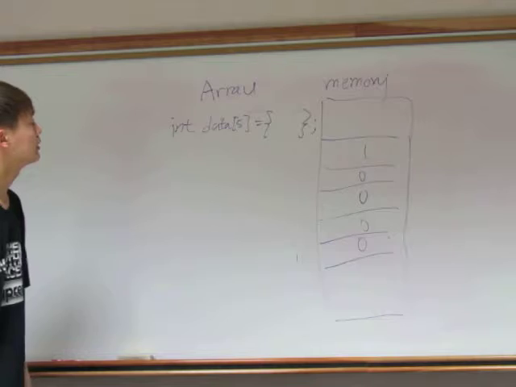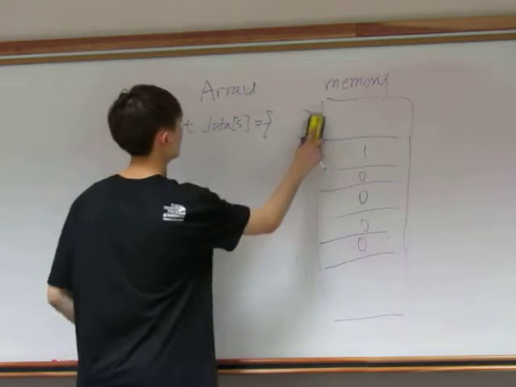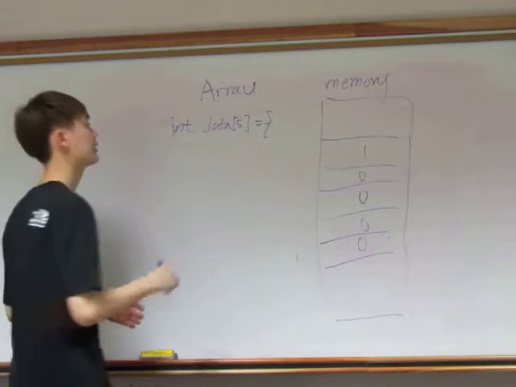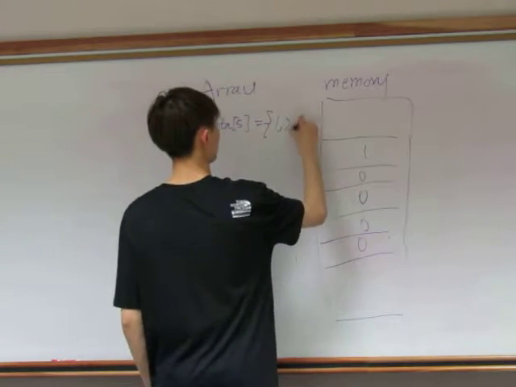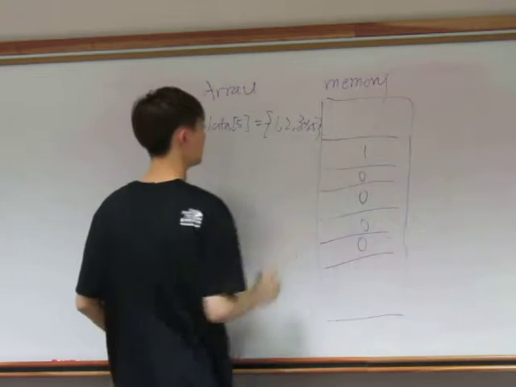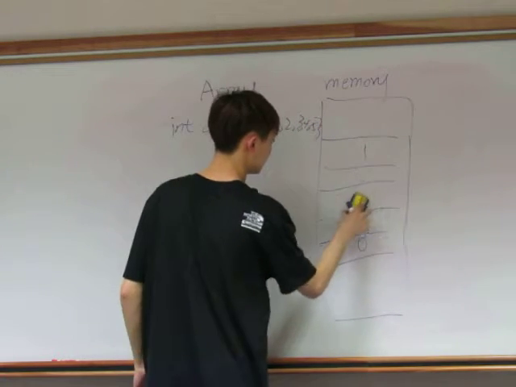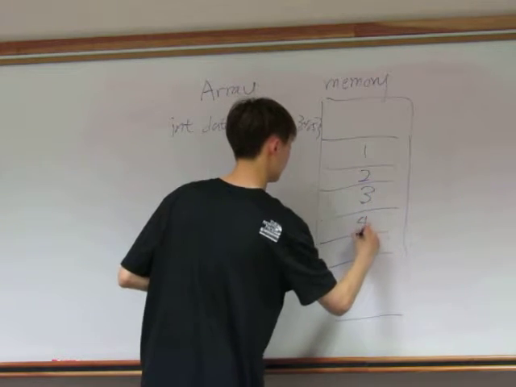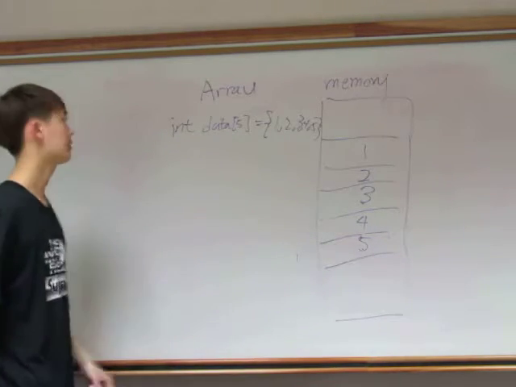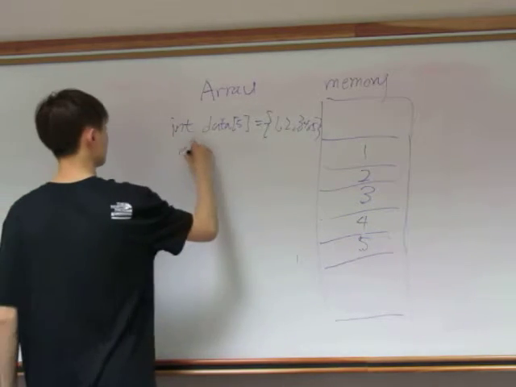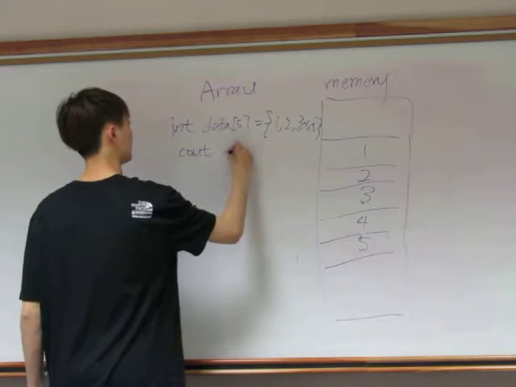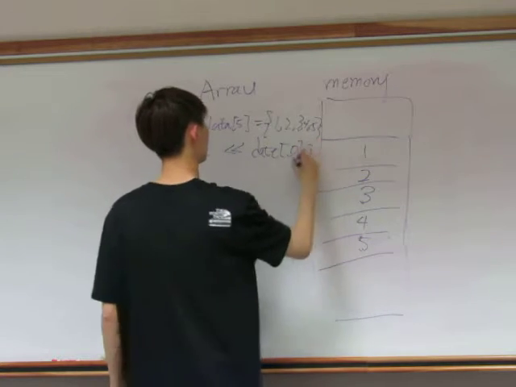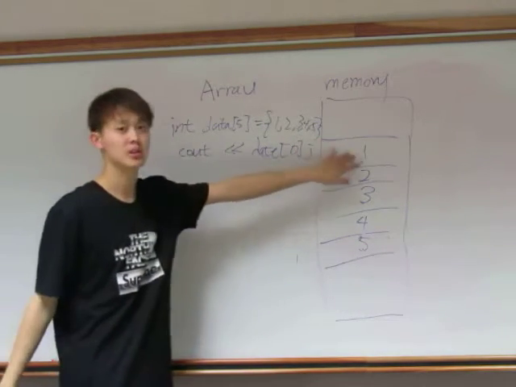Next, I'll talk about how you access the elements and play with the elements. If you have an array 1, 2, 3, 4, 5, in memory it would become this 1, 2, 3, 4, 5, and then if you do cout data square brackets 0, it would just print the first element, which is 1.